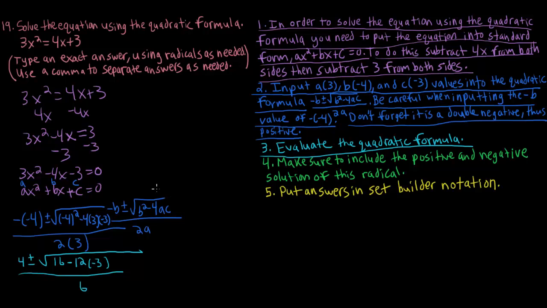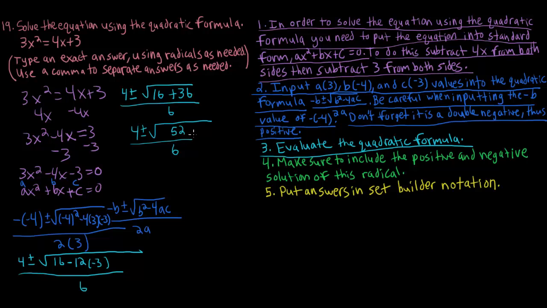If we keep evaluating that, we have 4 plus or minus the square root of 16 plus 36, because 12 times 3 is 36, and that's all over 6. So 4 plus or minus 16 plus 36 is 52, and all of that's over 6.